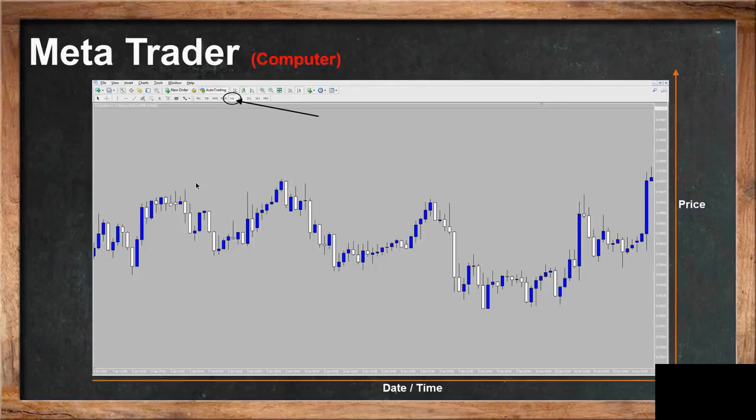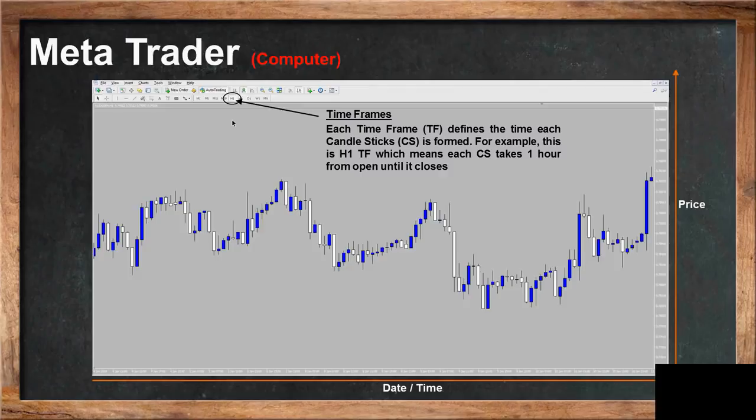But the most important thing to note on MetaTrader is the time frames that we have here. If we have the H1 time frame, H1 tells you that each of these candles is 1 hour long, so the candles are formed over a period of 1 hour. If you have M1, that's 1 minute candles, you have 5 minute candles, and so on.